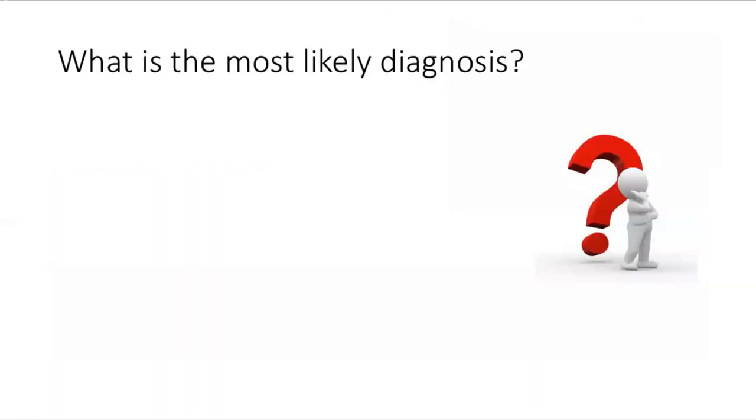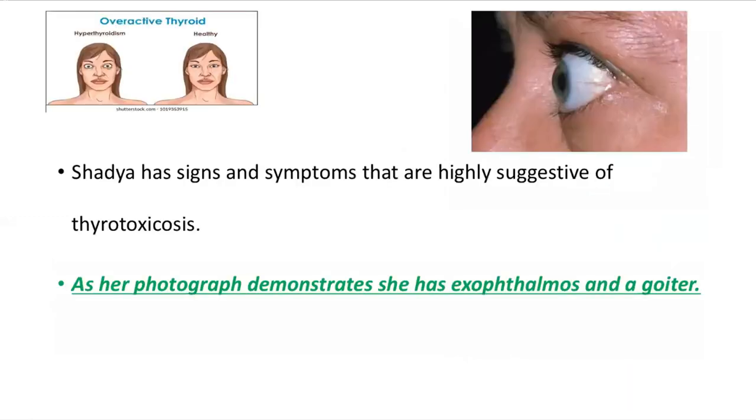So what is the most likely diagnosis? Shadia has signs and symptoms that are highly suggestive of thyrotoxicosis. As her photograph demonstrates, she has exophthalmos and a goiter.